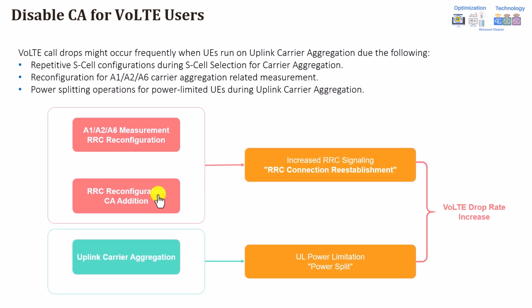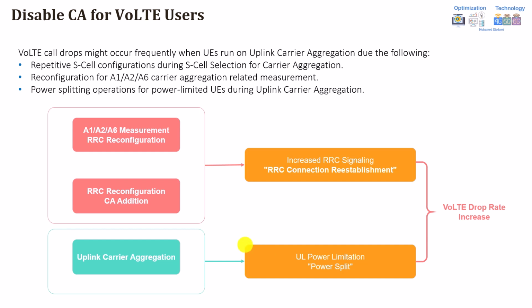And the third part: in case you have, as shown here, uplink carrier aggregation enabled, not only downlink. Uplink carrier aggregation will cause a power limitation, because for each carrier the user needs to transmit with different power. For example, as I will highlight in the next slide, if you have a 23 dB maximum power, the power needs to be split between the two carriers, so the power will reduce by 3 dB.